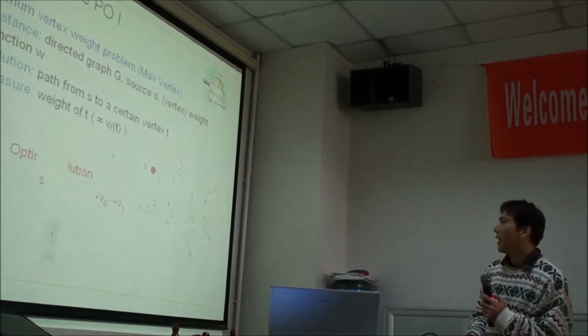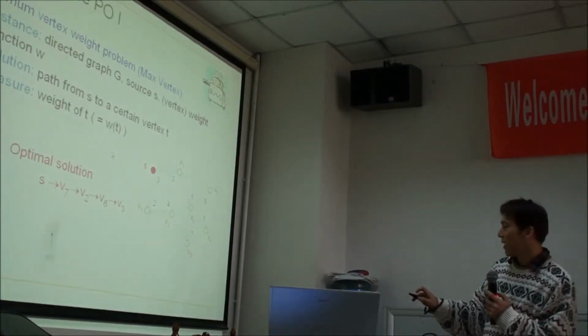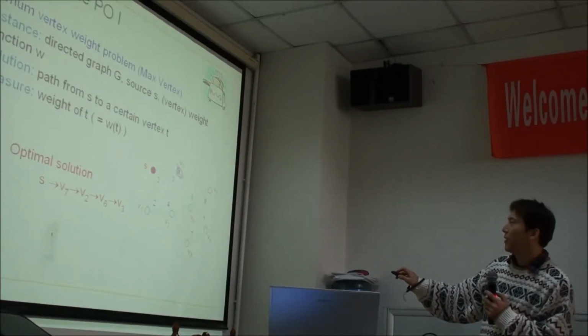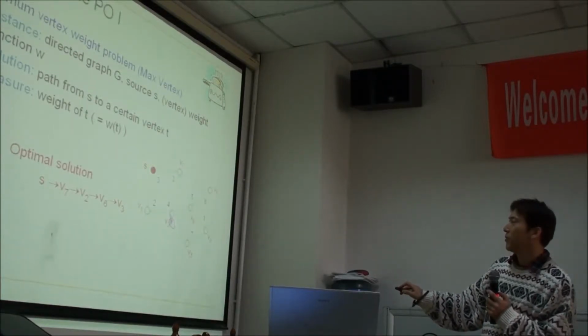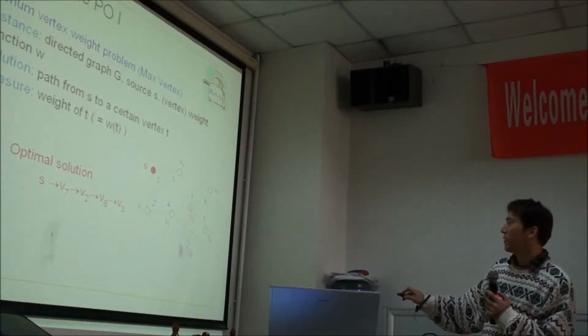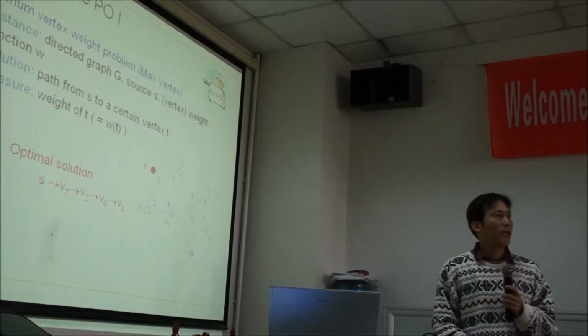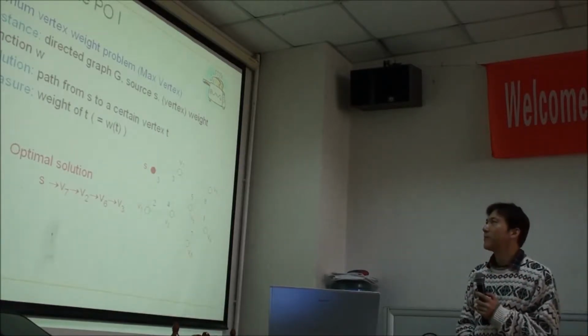For example, the optimal solution is the path like this one, from S to V7 to V2 and V6 and V3. So the V3 node has weight 7. So this is the maximum number, right?